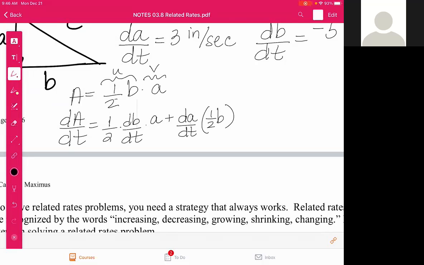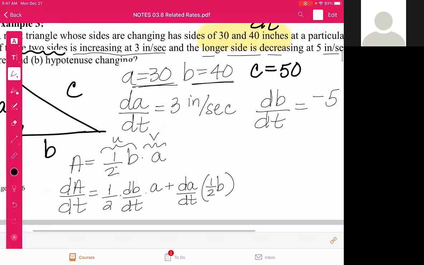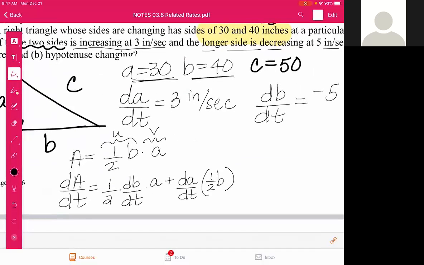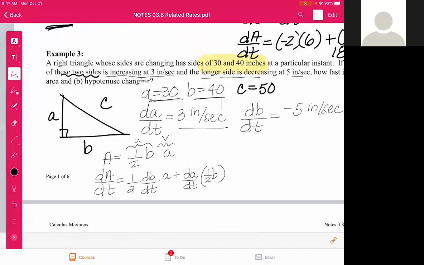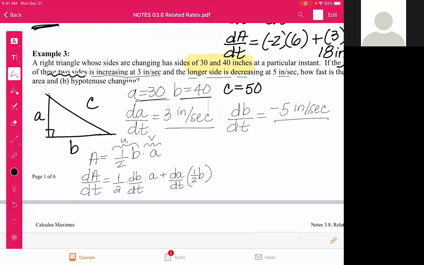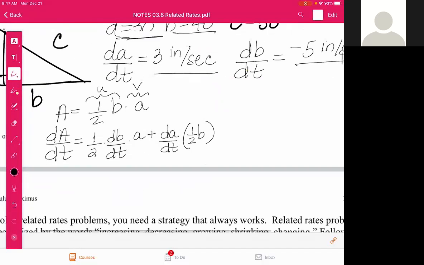All right. Now, after you get through taking the derivative, you plug in all the given information. We've got all kinds of given information. We've got 3 inches per second, we got -5 over here, inches per second, you've got a 30, you got a 40. Plug everything in there that you need.